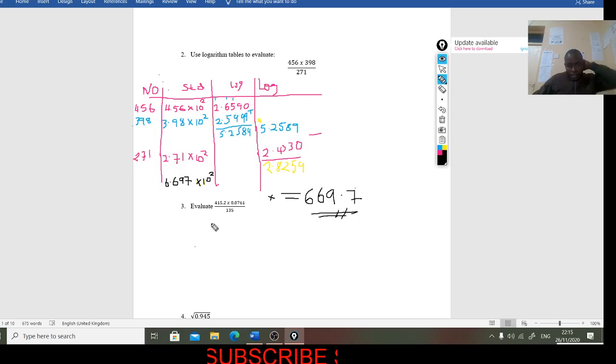A question like this: evaluate 415.2 times 0.0761 divided by 135. So you still write the numbers. You write in your table standard form. You write log. You can write another log here.